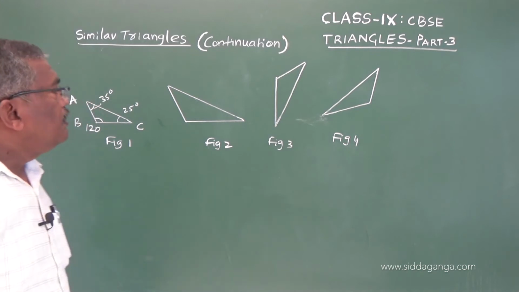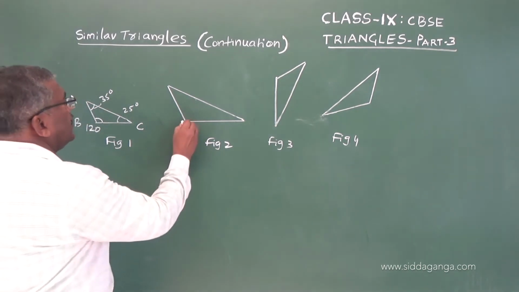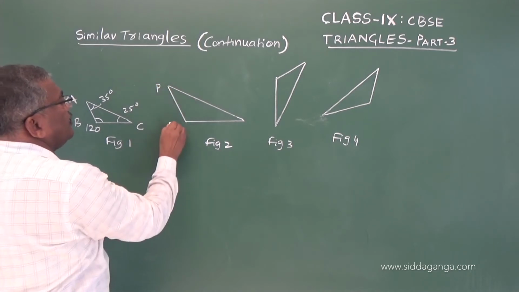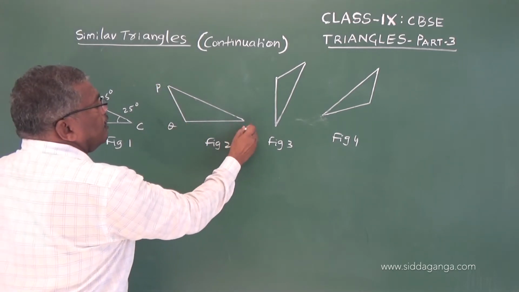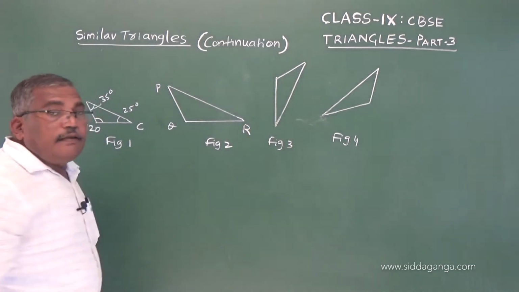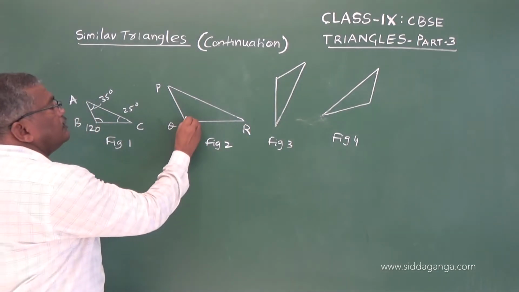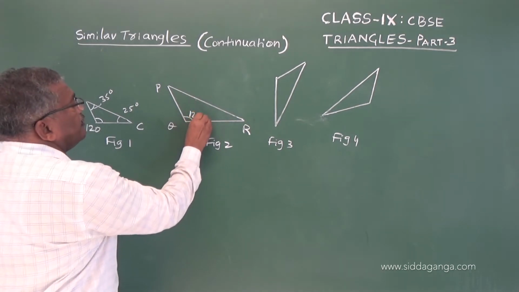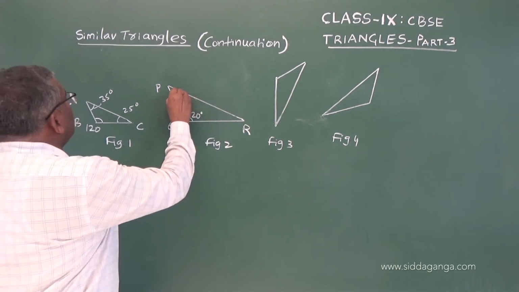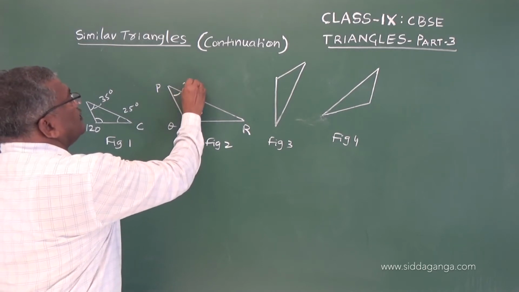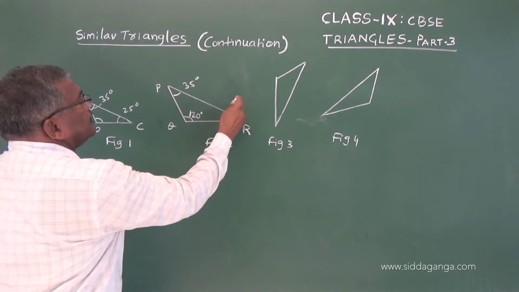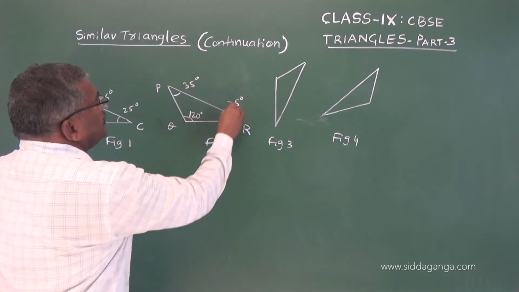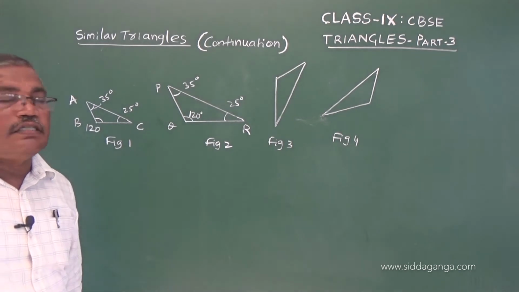So triangle ABC. In this case, I will call this P, Q, R. Let us say this is 120 degrees, this is 35 degrees and this is 25 degrees. The total of these three is again 180.